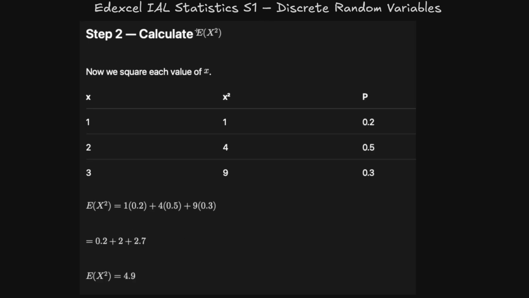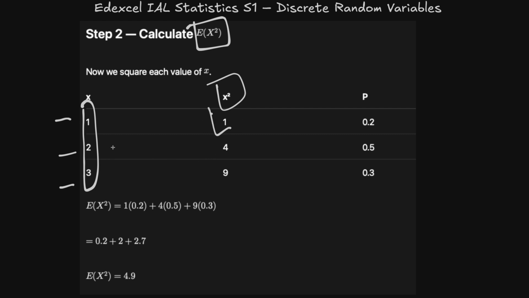So now let's find the E of x squared. Firstly, we need to find x squared. So we have three values for x in this example: 1, 2, and 3. 1 squared is 1, 2 squared is 4, and 3 squared is 9. So now we have all the values for x squared.